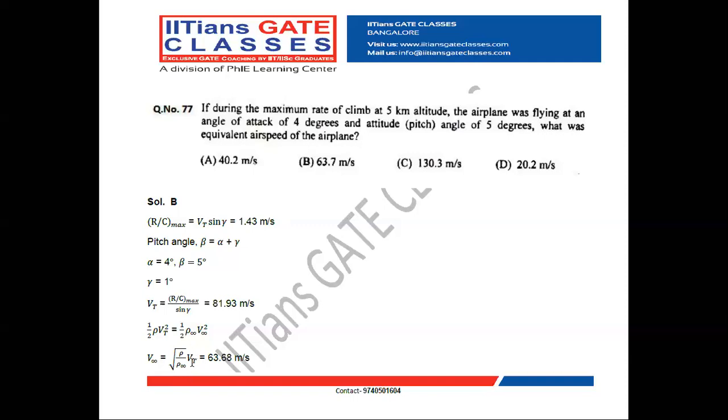Since true speed of the airplane is 81.93 meter per second, and rho at 5 kilometer altitude is 0.74 kilogram per meter cube, which is given in the previous connected question, and rho infinity, that is density at sea level, is 1.225 kilogram per meter cube. If we substitute all this, we'll get equivalent speed of the airplane equal to 63.68 meter per second. So option B is the correct answer.